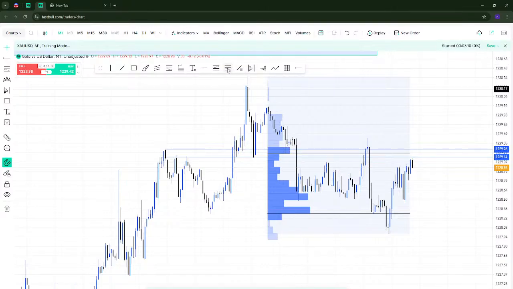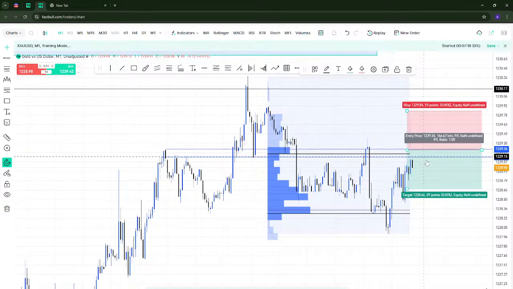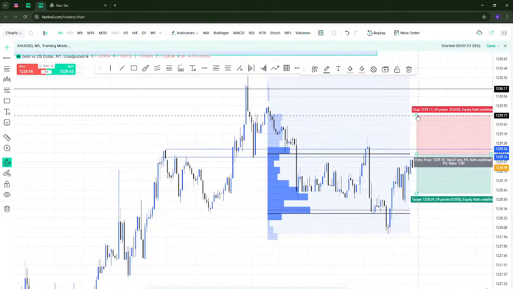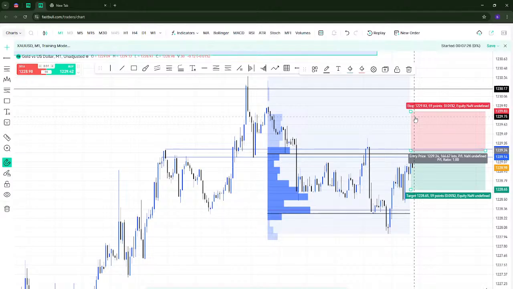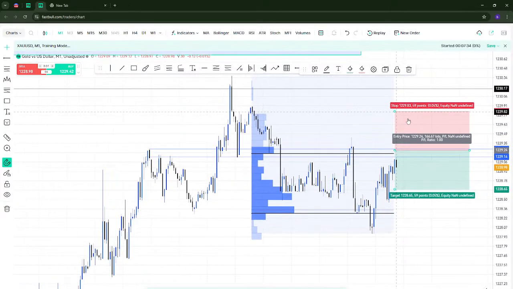Small entry. So we can just have 10 pips stop loss probably.